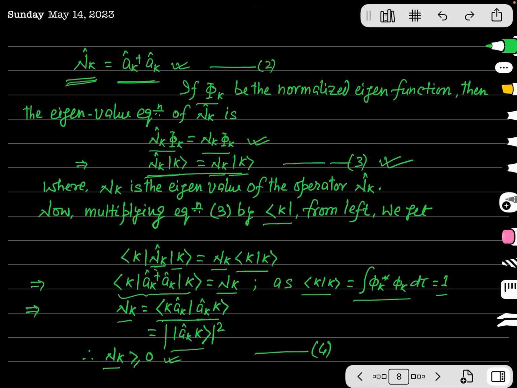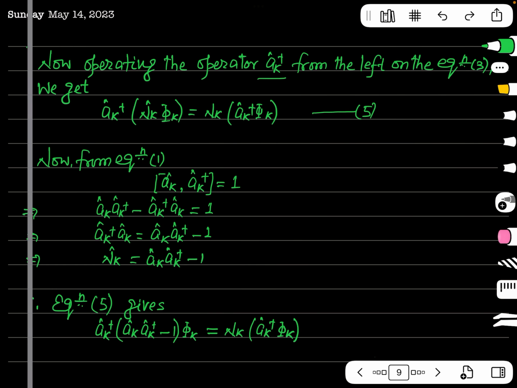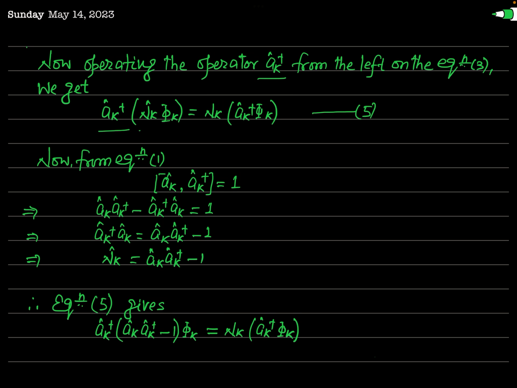So after operating that operator, what will be our result? You can see this is ak hat dagger operated on nk hat phi k, and that will be equal to nk, since nk is just a number, so it is outside of the operator, times ak hat dagger phi k.